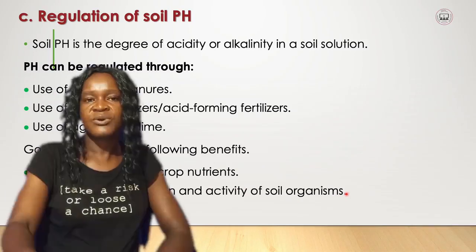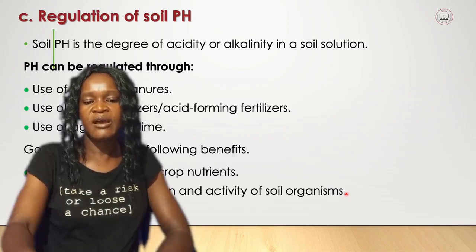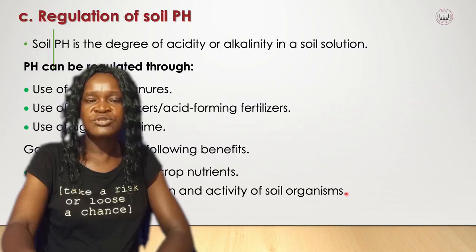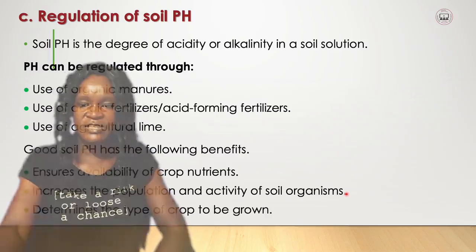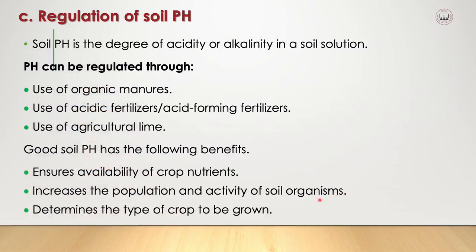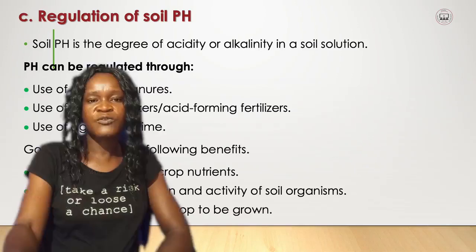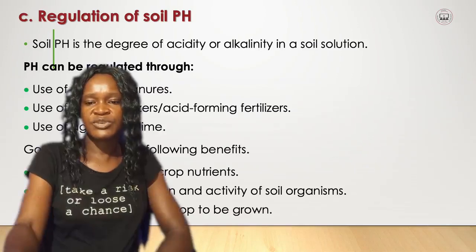It is only at neutral pH that it will provide a conducive environment for microorganisms, increasing their activity. And lastly, it determines the type of crop to be grown. Different types of pH, different types of crops to be grown.